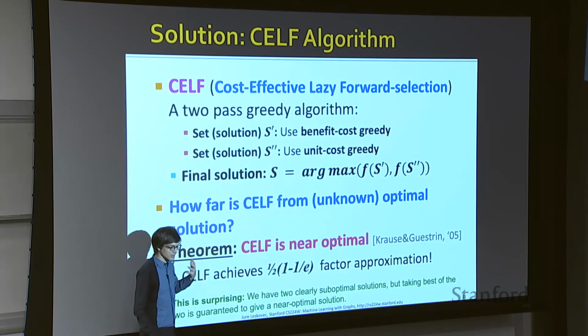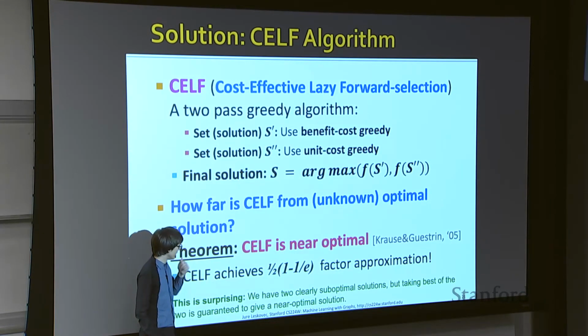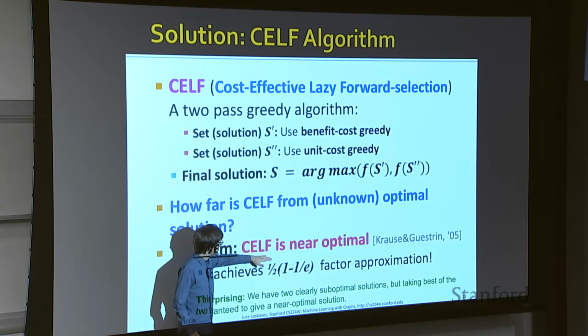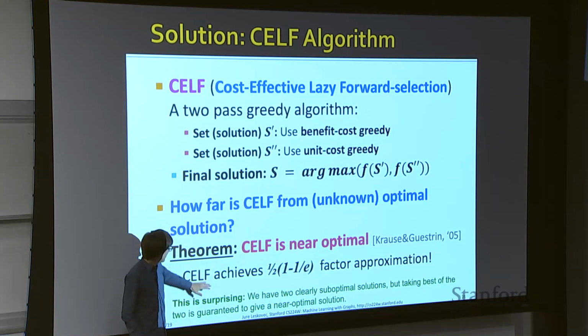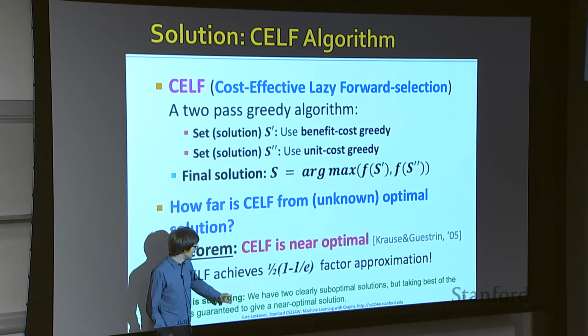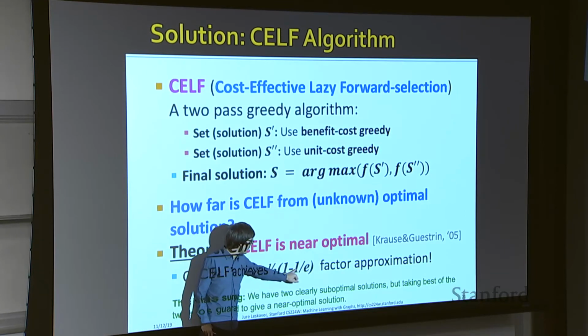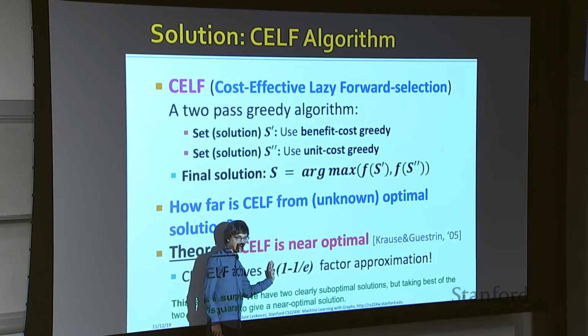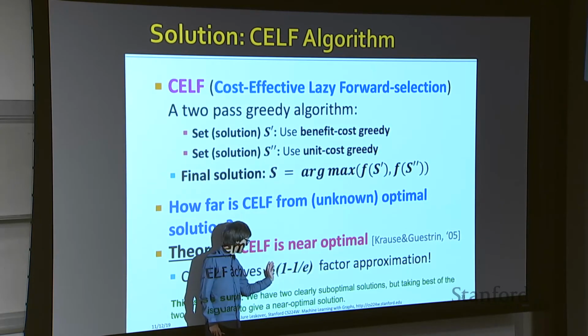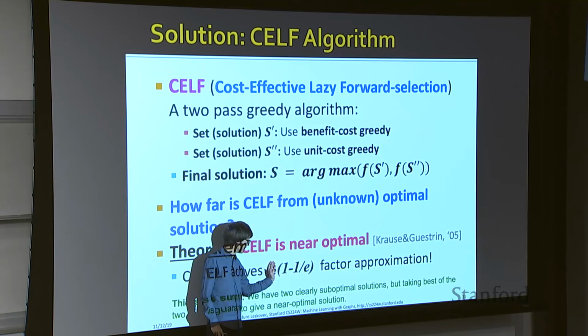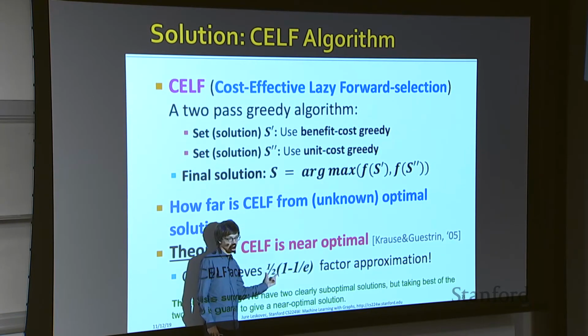The theorem one can prove is that this strategy is near optimal, so you achieve a solution that is 1/2 (1 minus 1 over e) of optimal. This is for cardinality constraint maximization of non-monotone submodular functions. Now I get 1/2 here, right?